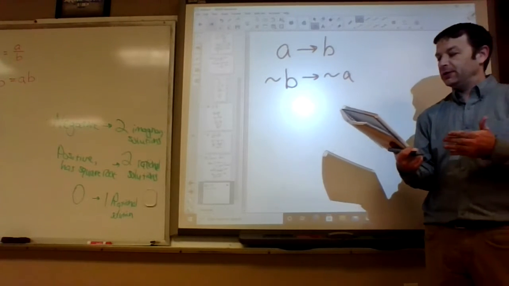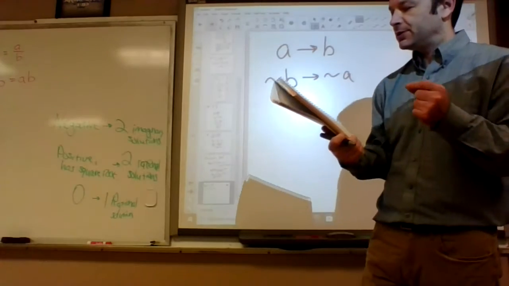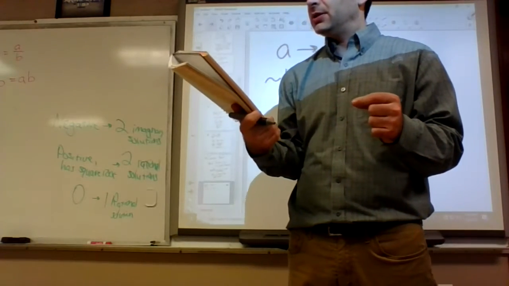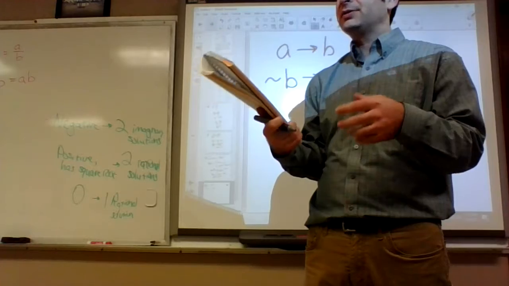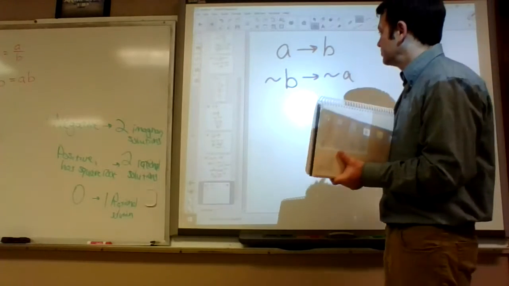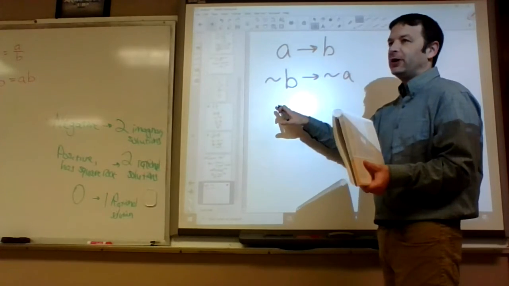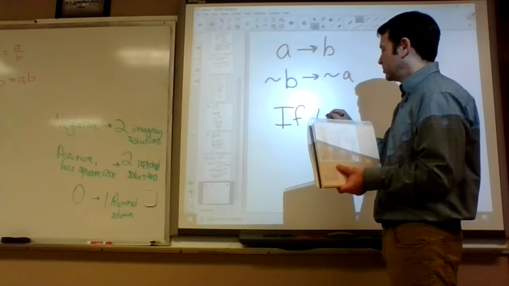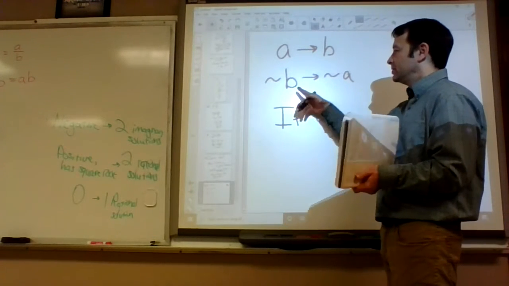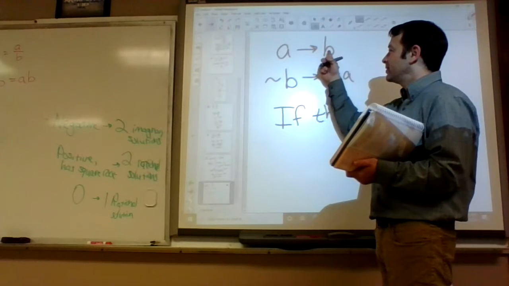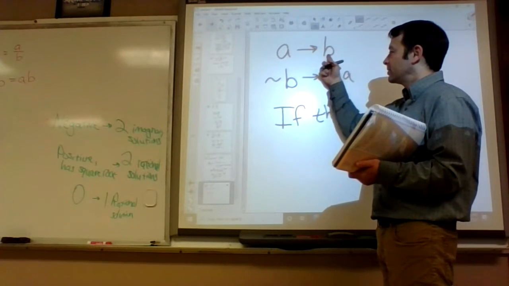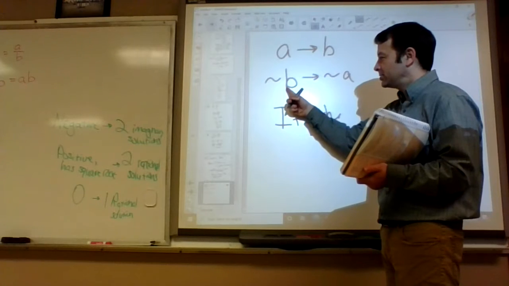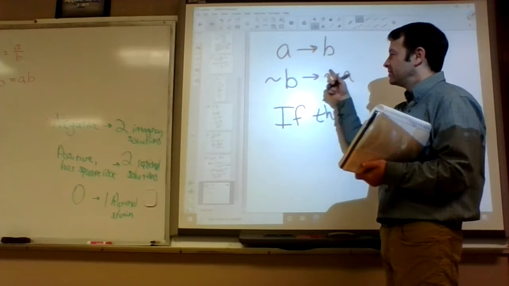Right, so you do the not on both of those. If the car starts, then it has gas, I guess. Because that's the not B. B was, then the car won't start. So we're going to say if the car does start, then it has gas.